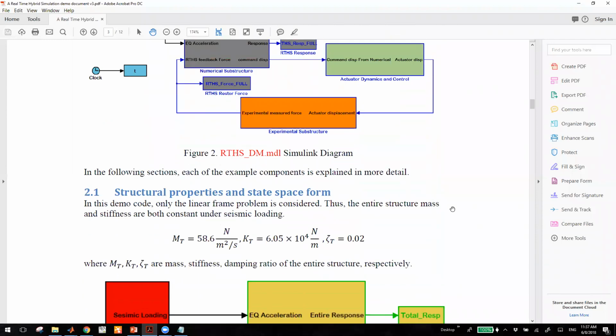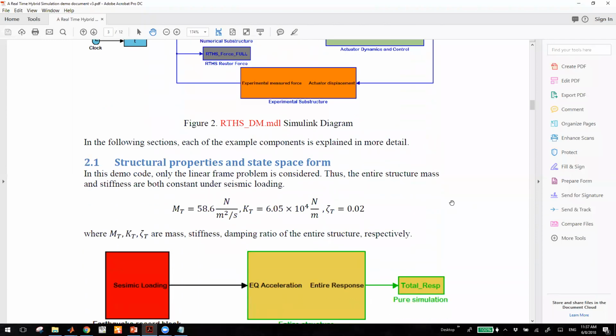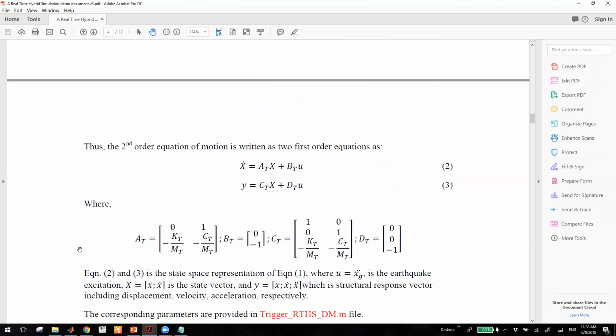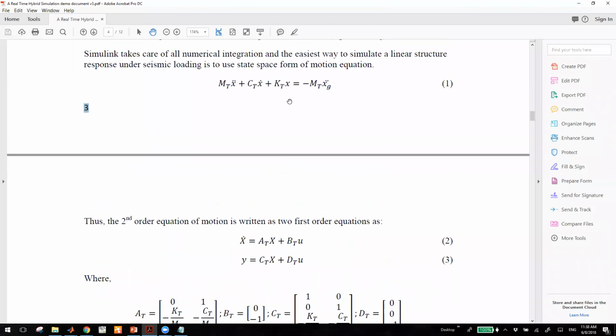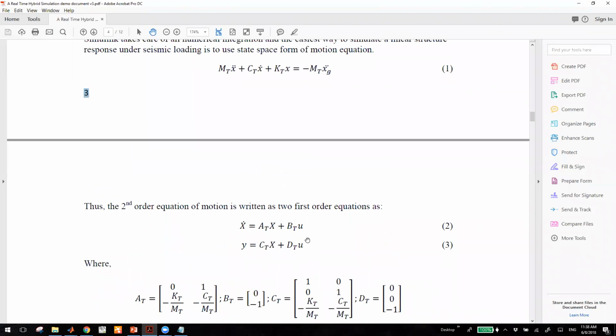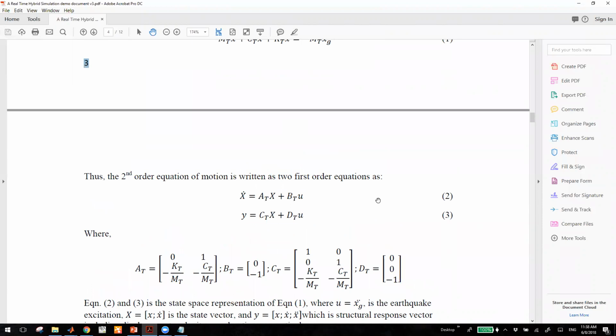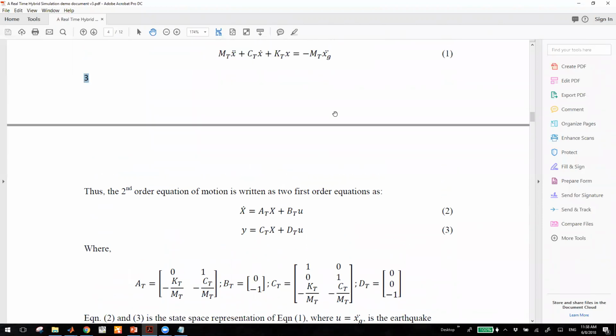If you walk through the presentation and the documentation, you are going to find a detailed explanation of how the variables are defined by converting your equation of motion from the second order equation to the state space form, which is the idea in control theory. Then you have an exact representation of your equation of motion in the state space.